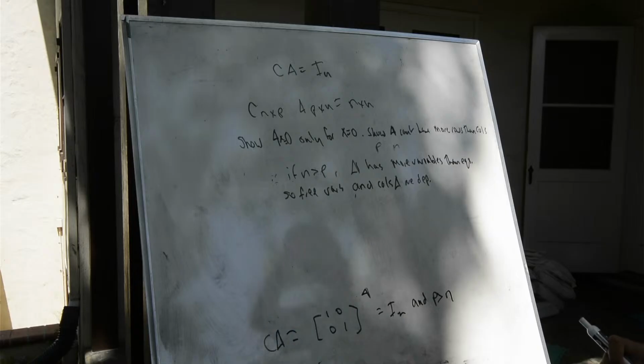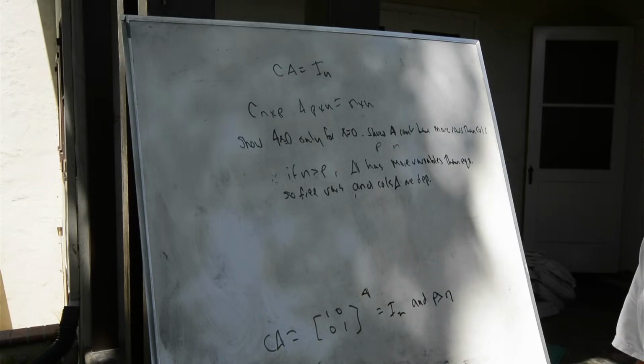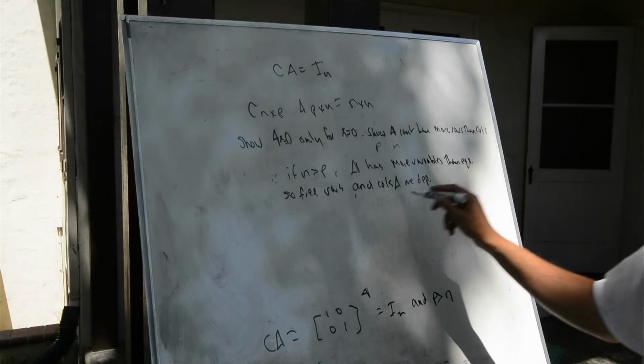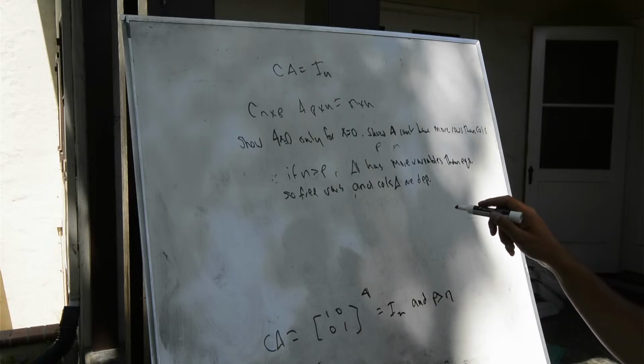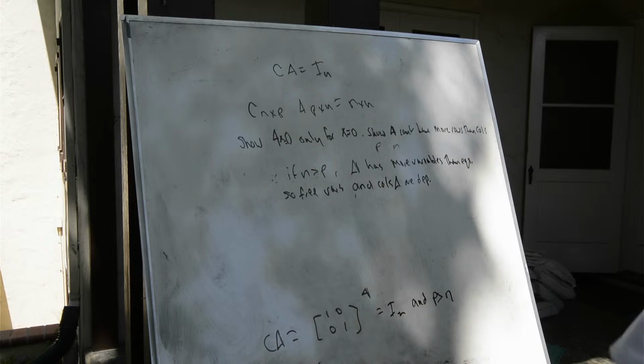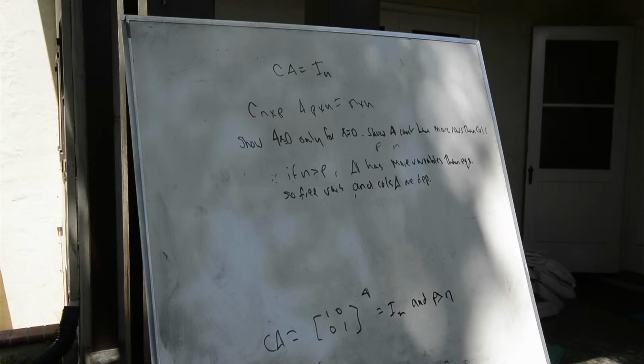But how does that help us show that? I'm almost positive the punchline is that the columns of A are dependent. Okay, wait.